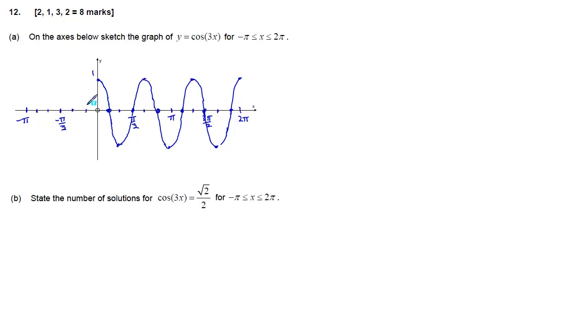And then we know it's going to repeat over here, so that'll be a 0, a negative 1, a 0, back to 1, a 0, and a negative 1. So we know what it looks like, so we just complete the shape. And then we'll join up there.